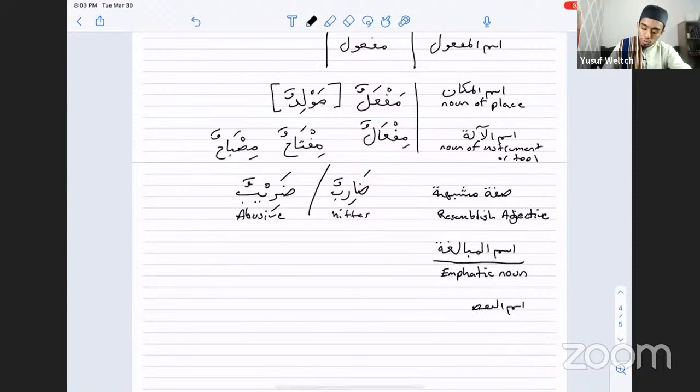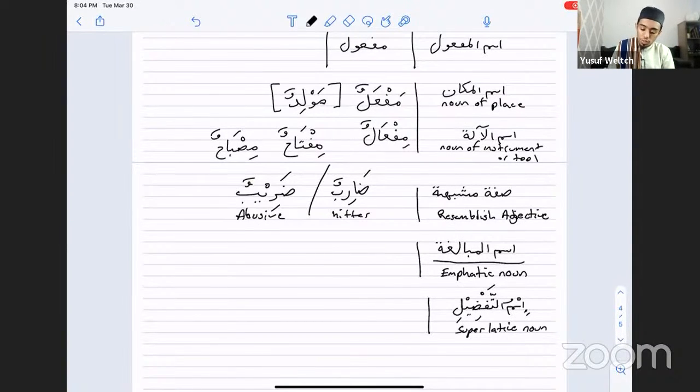Who can recall what ism tafdil is? Anyone? The superlative noun. What does it do? When you're comparing one noun to another? Good. So the superlative noun, the ism tafdil, is a comparison of one thing to another.